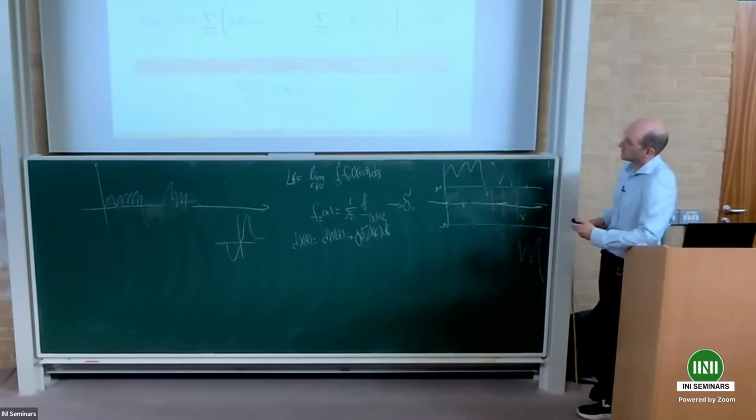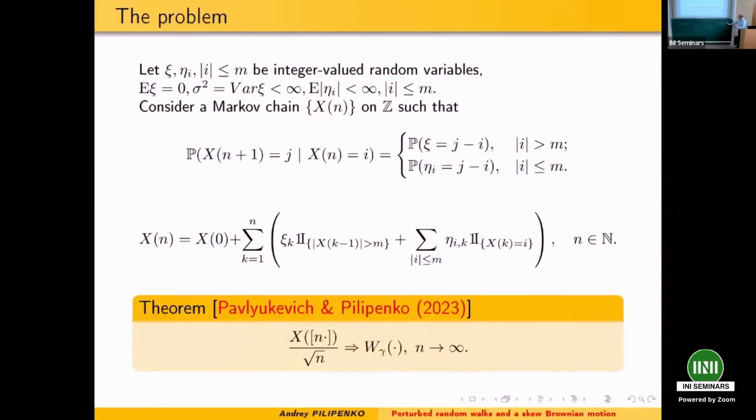And under the minimal assumptions, well, that jumps in the membrane have finite expectation, the Donsker scaling limit of X is a skew Brownian motion. So this is one of the results.